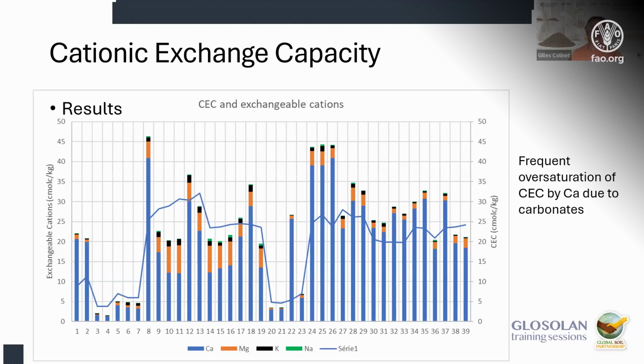But here it's linked to calcium. So it means that the CEC is correctly measured, probably, but if you want to make estimations about the quantity of elements that you can store, or the quantity of acidity that might be on it, you may be a bit wrong.